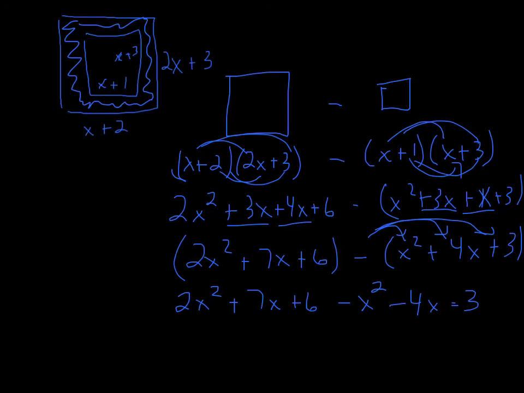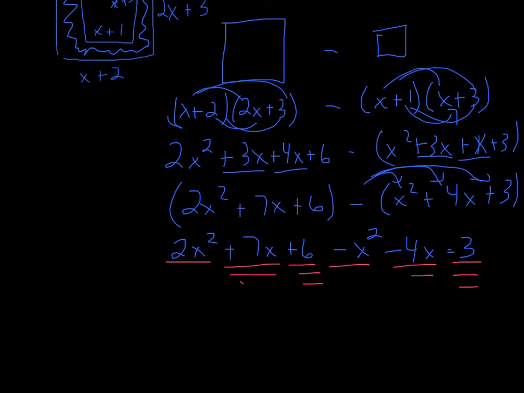Now we combine like terms. 2x squared and a minus x squared will give us just x squared. 7x and a negative 4x gives us positive 3x. And 6 and minus 3 gives us plus 3. And there is your area.